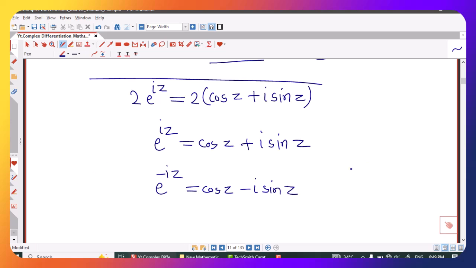So this is similar to Euler's formula. We have seen that e raised to i theta is cos theta plus i sin theta for any real number theta, but if we replace theta by a complex number, then Euler's formula is also true. Some authors consider this formula first, and using this they define cos z and sin z.